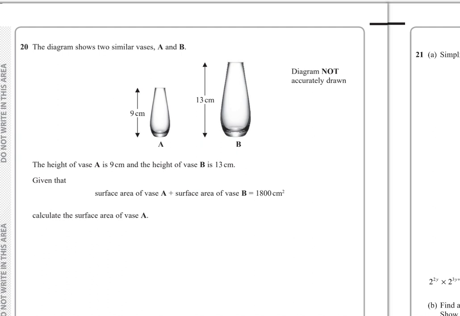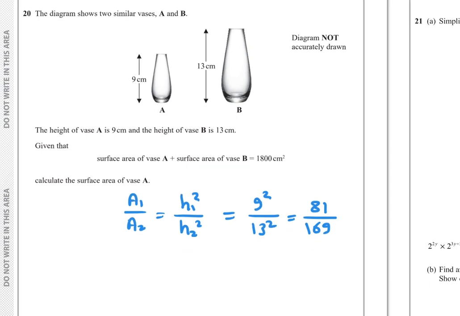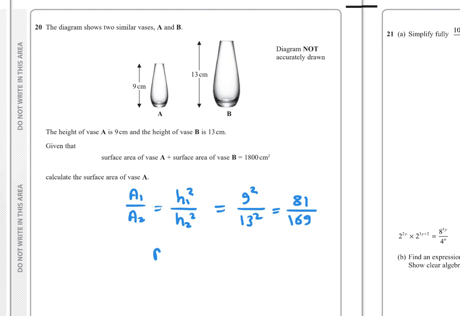Because they are similar, the ratio between their areas, area 1 over area 2, equals height 1 squared over height 2 squared. So it equals 9 squared over 13 squared, which equals 81 over 169. Now we have the ratio between their areas. So area 1 to area 2 to the sum equals 81 to 169 to, if you add them, 250.